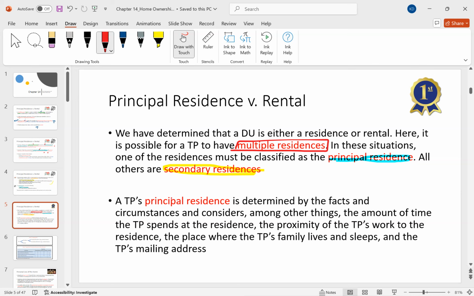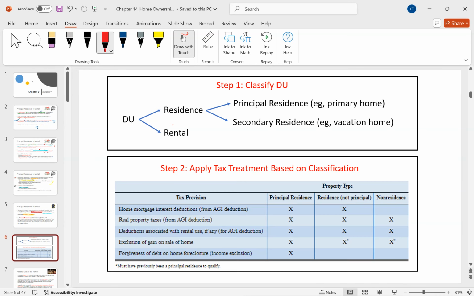Well, what's a principal residence? It's determined by the facts and circumstances. It would look at, among other things, where you spend the most time, where you live, where you sleep, and how close it is to your work. It's kind of like you know it when you see it.